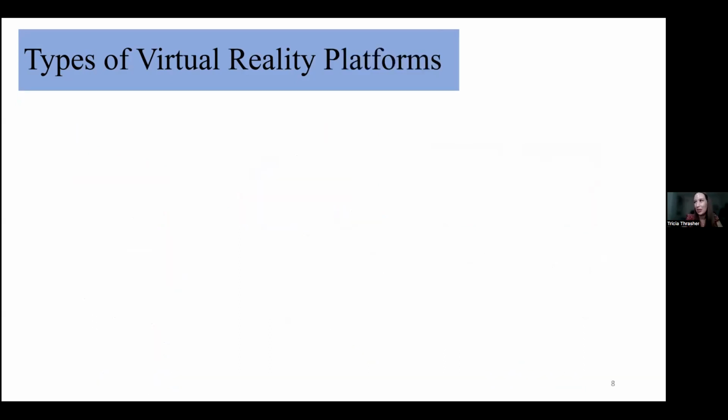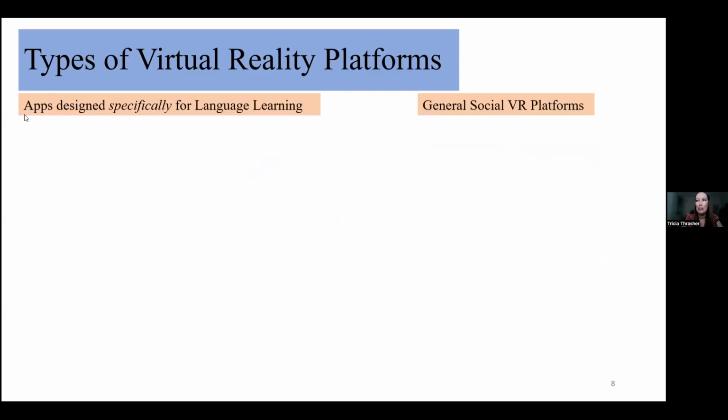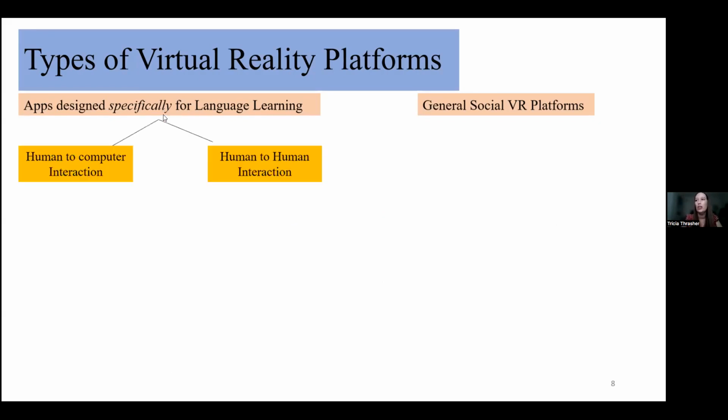Okay, so let's move on from here. Let's talk about the types of VR platforms. I have broken them into different categories, and then we'll look at a few platforms in more detail. You have apps that are designed specifically for language learning. And then you also have general social VR platforms that already exist that a lot of people are still using for education. Apps specifically created for language learning can be broken into two categories.